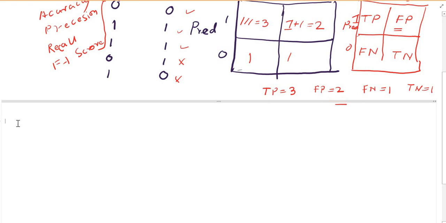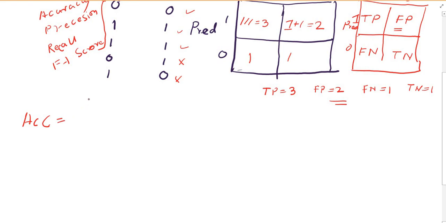Okay, so now what is the formula to calculate the accuracy? The formula is very simple. True positive plus true negative divided by all the values. Basically, true positive plus false positive plus false negative plus true negative.